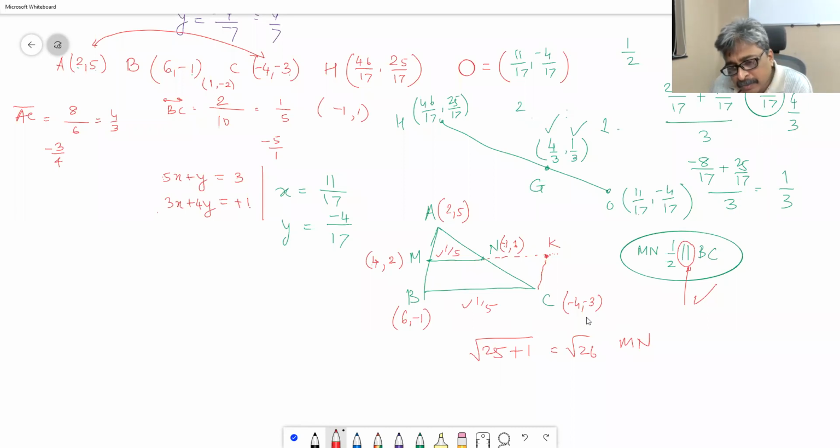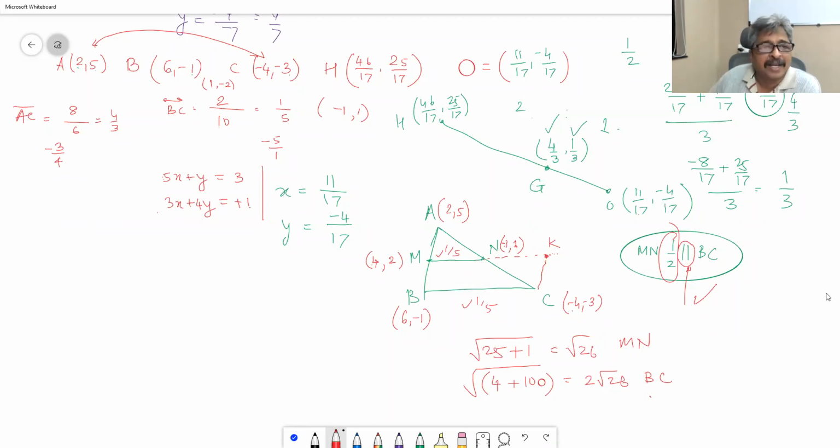Minus 1 plus 3, 4 squared, plus 6 plus 4, 10 squared. Root 104, this is BC. 104 is 2 root 26. BC is 2 root 26. Therefore, MN is half of BC.